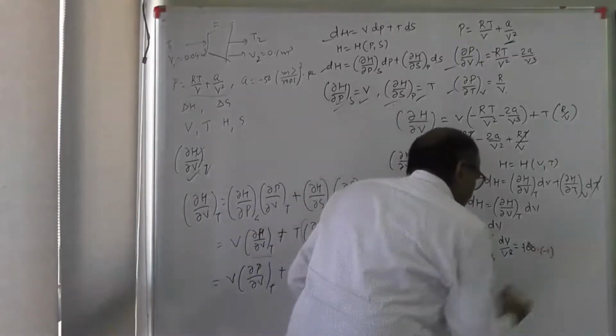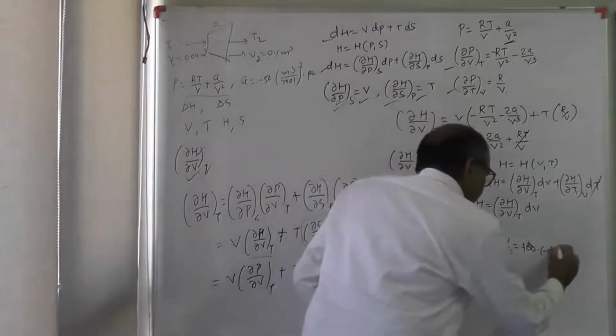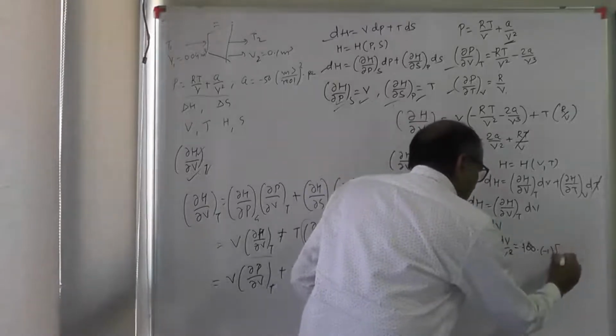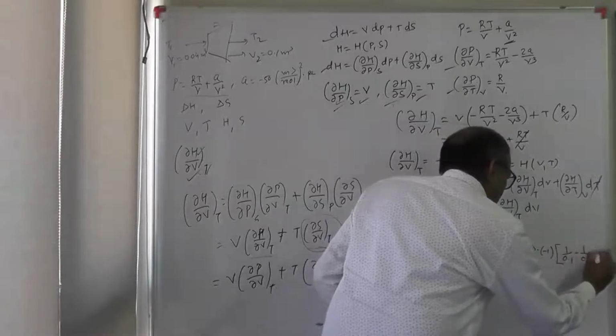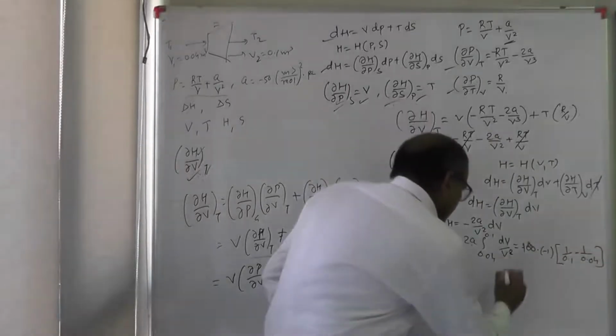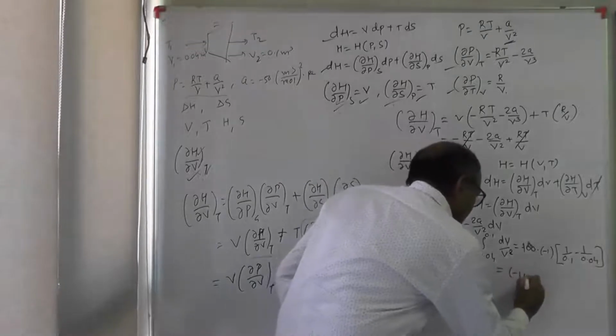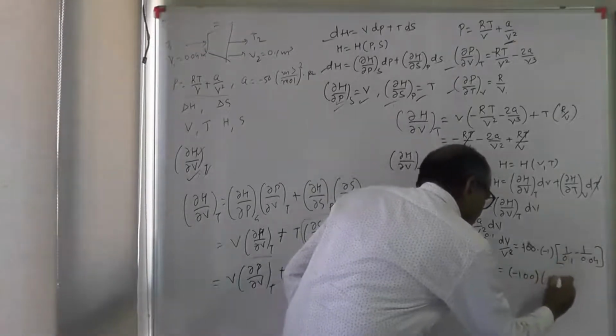So minus 1 I am writing here, and the equation would be 1 upon 0.1 minus 1 upon 0.04. If I solve this equation, then it would be minus 100 and this would be minus 15.